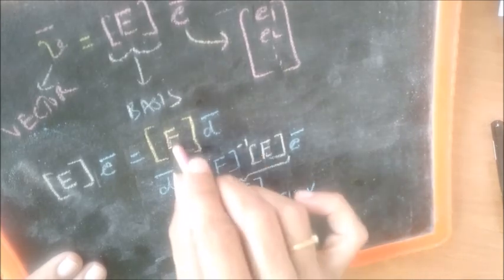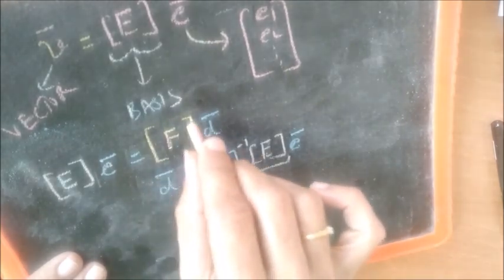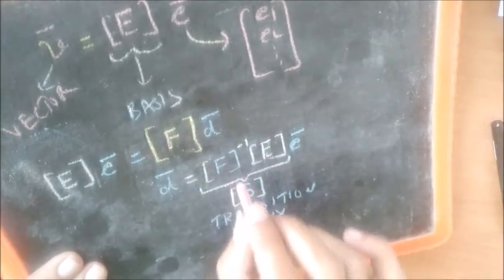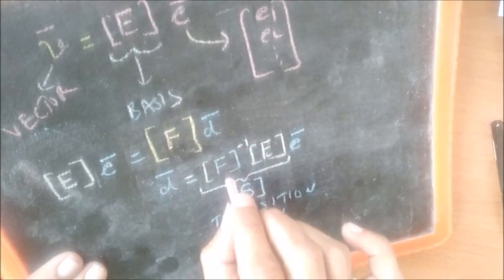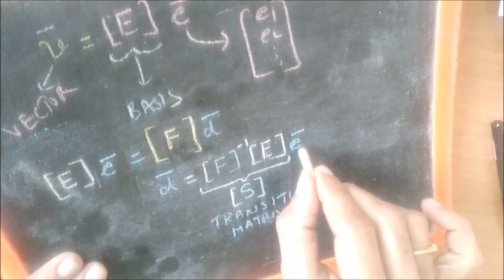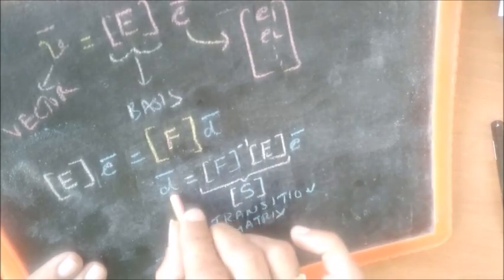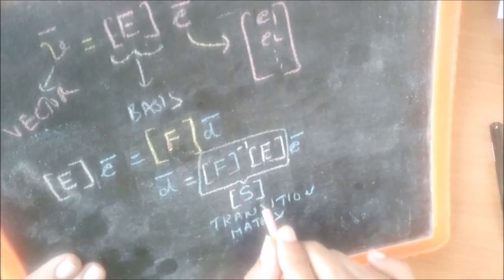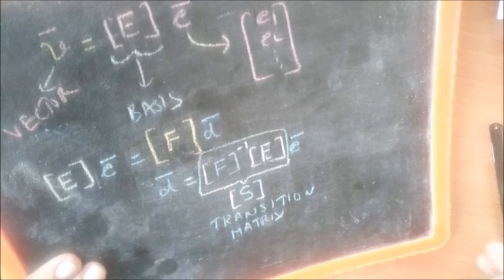Now if you want to change the basis to F, that is the basis defined by the columns of the matrix F, you have to invert F, multiply by E, and then multiply the result with C, and you will get the new coordinates. And this matrix, as I said, is called the transition matrix.